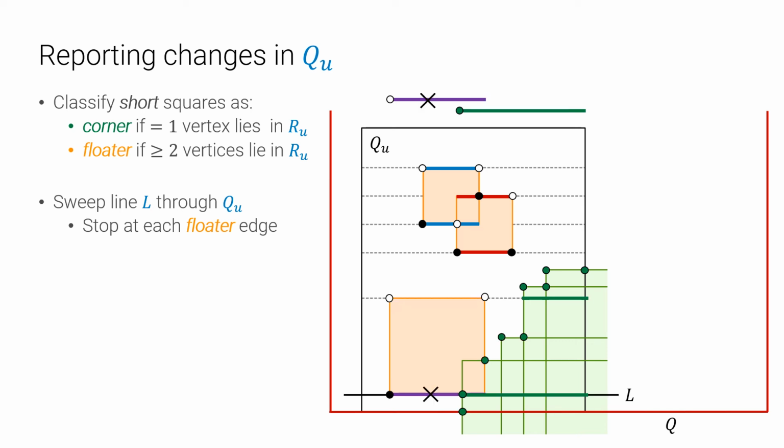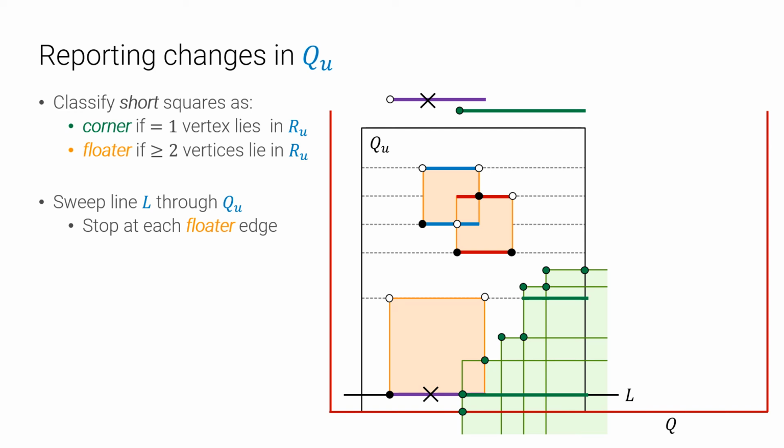Finally, we move the sweep line L to the bottom of the floater, and we report the green vertices in the slab between this position of the sweep line and the previous position, using this data structure over these corner squares. Then we report the vertices that lie on L itself, and unlike the previous cases for L, the union of the corner squares is interacting with this purple interval of the floater.